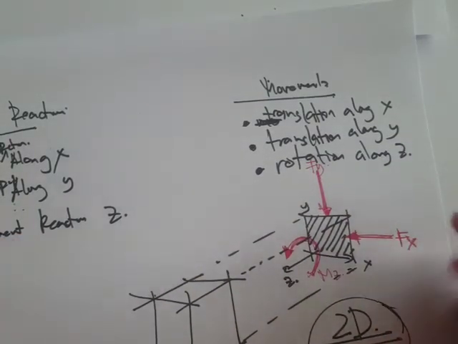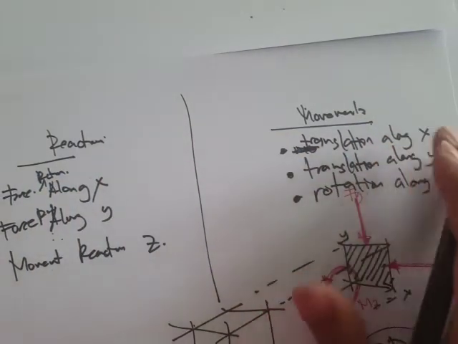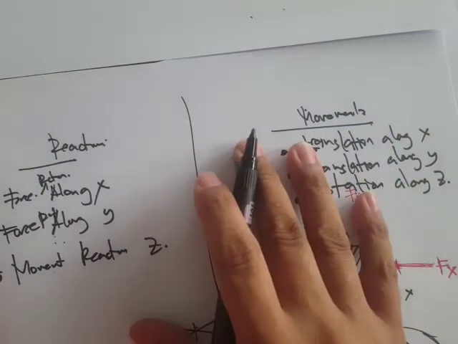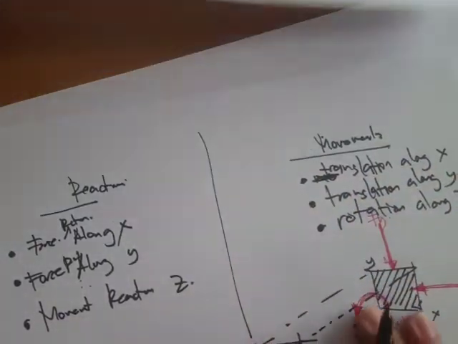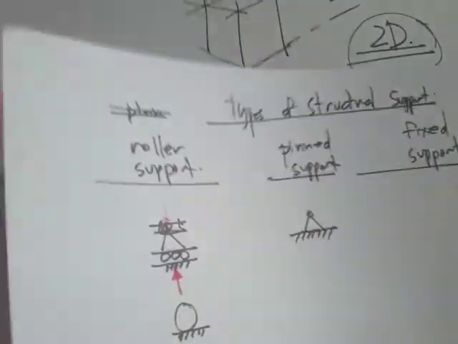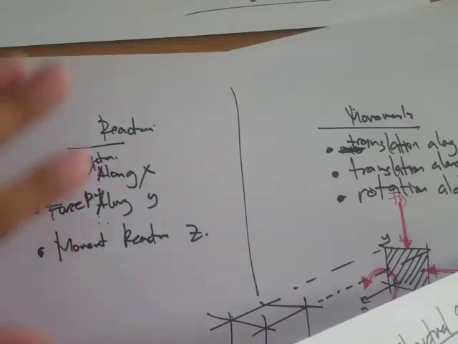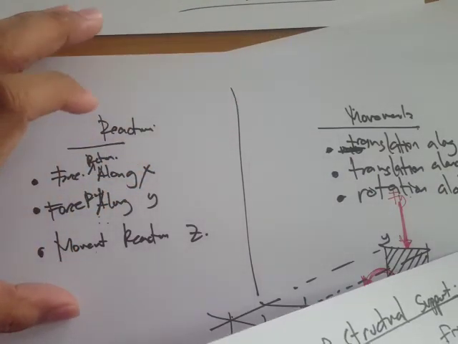Okay, so these 6 are the possible reactions and movements. So meaning that the supports that we discussed, the principle just lies in these three reactions and then 3 movements.